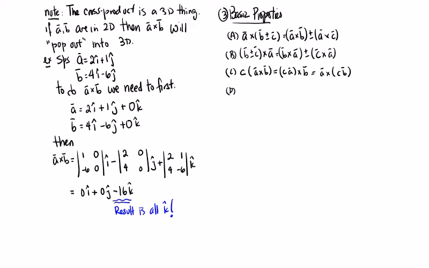Now, the last one is the one that's a bit more confusing. For the dot product, we knew that A dot B and B dot A were the same. For the cross product, they're not. It turns out that if you reverse the order of the cross, you negate the result. And this happens because of the way that you're multiplying it.